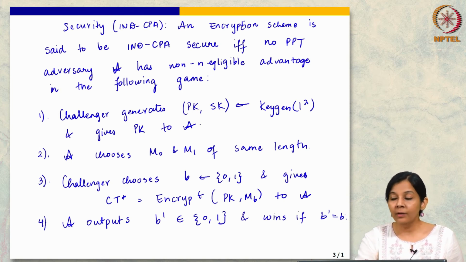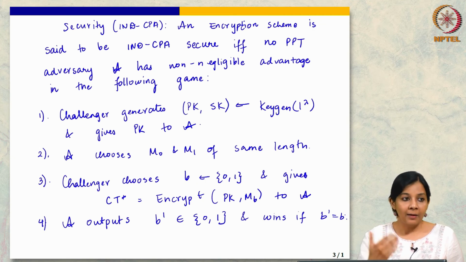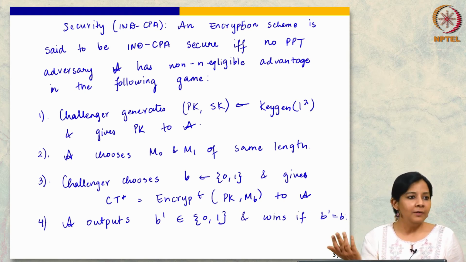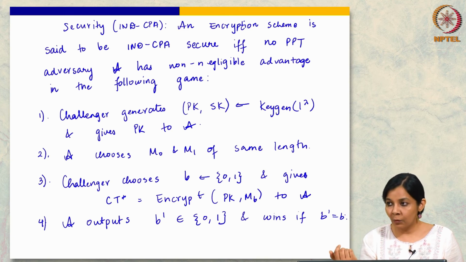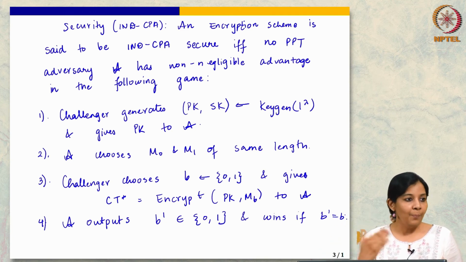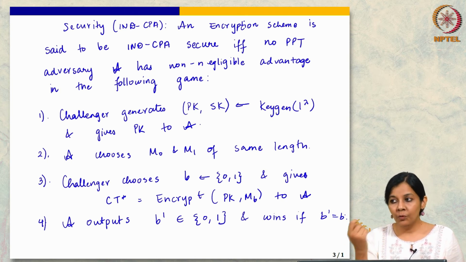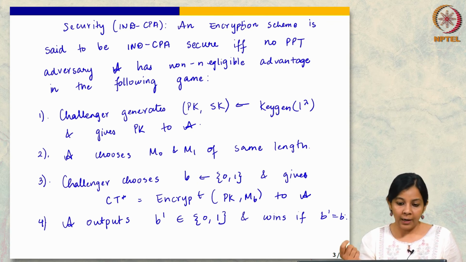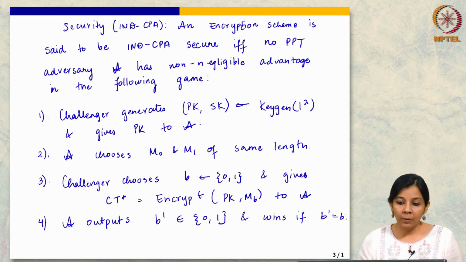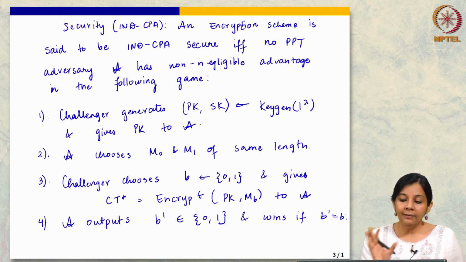For instance, if I don't give the public key and ask the adversary to output messages, then the public key cannot influence the choice of messages. But I would like the adversary to have as much power as it wants. So I will say, fine, I will first give you the public key. At that point you can output the two messages. Then I will give you an encryption of a random message and you have to guess. So this is only IND-CPA security.